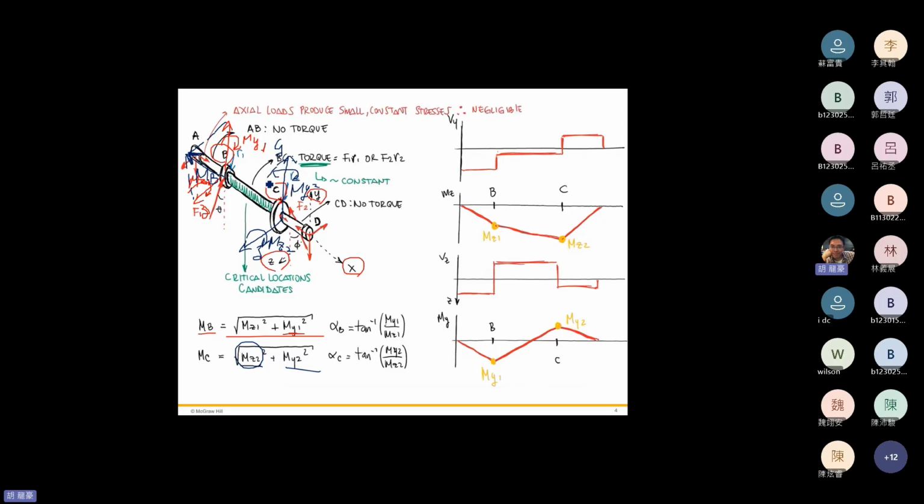Then we can figure out the resultant moment, MC. And therefore we can figure out the angle between Mz2, My2, and Mz1 and My1. So we can define alpha B and alpha C, which can be obtained from the arctangent of My1 over Mz1.